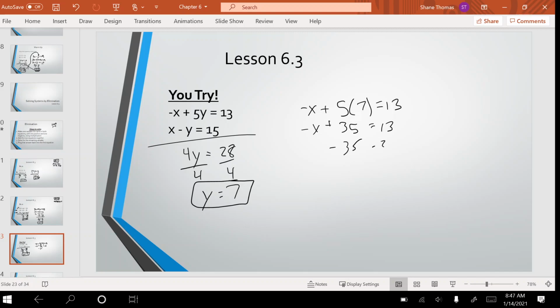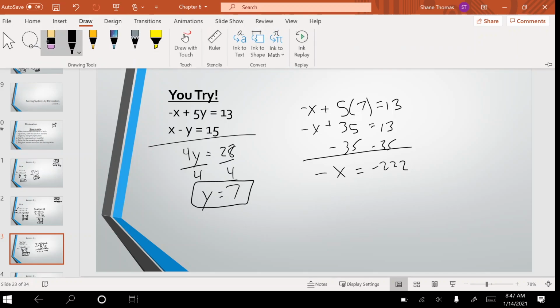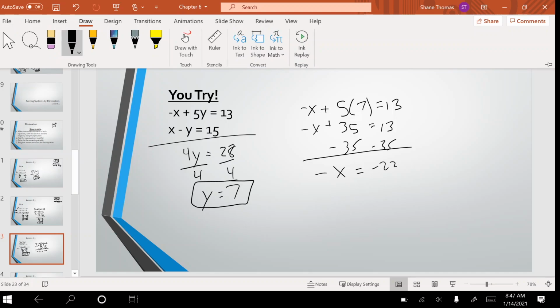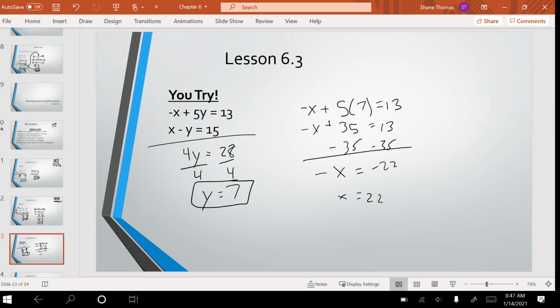Subtract 35 across. Negative x equals negative 22, not 222, just a regular 22. All right, then x is going to be 22. So x is 22, y is 7.